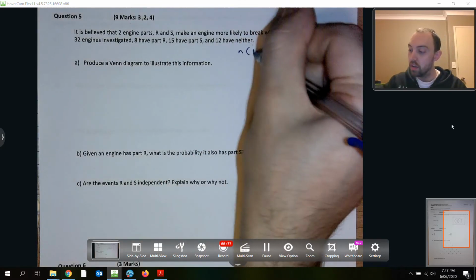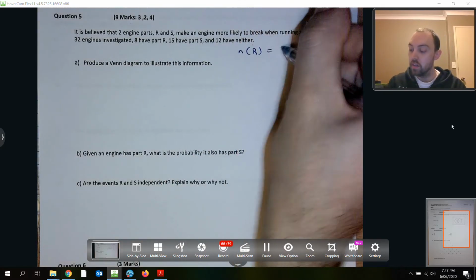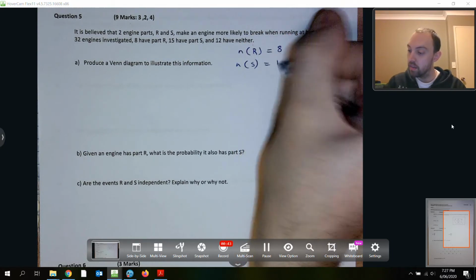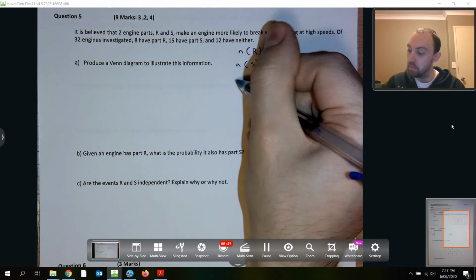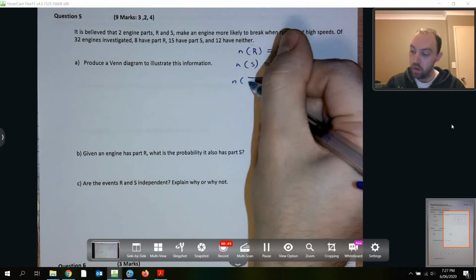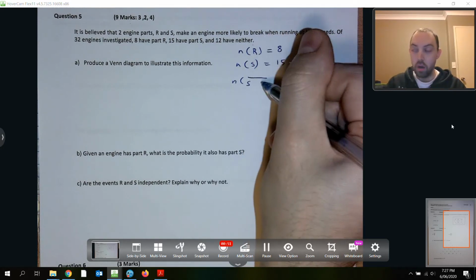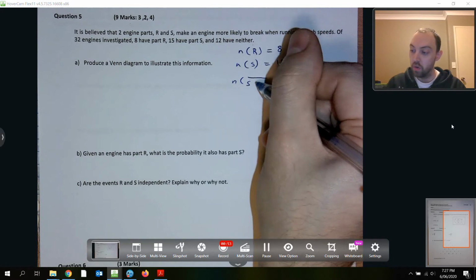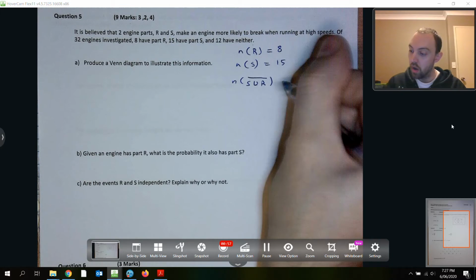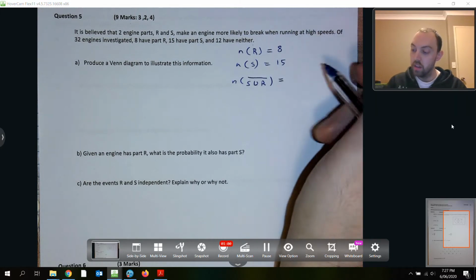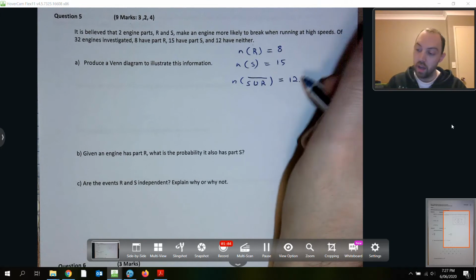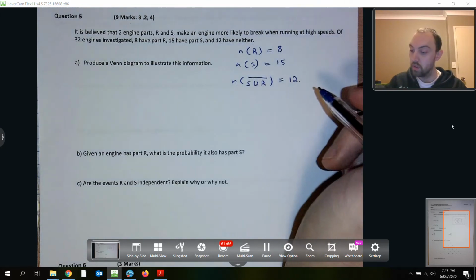So the number in R is 8, number in S is 15, and the number that is not in S or R, let me just make sure I get the union, neither of those two is 12, and the total should be 32.